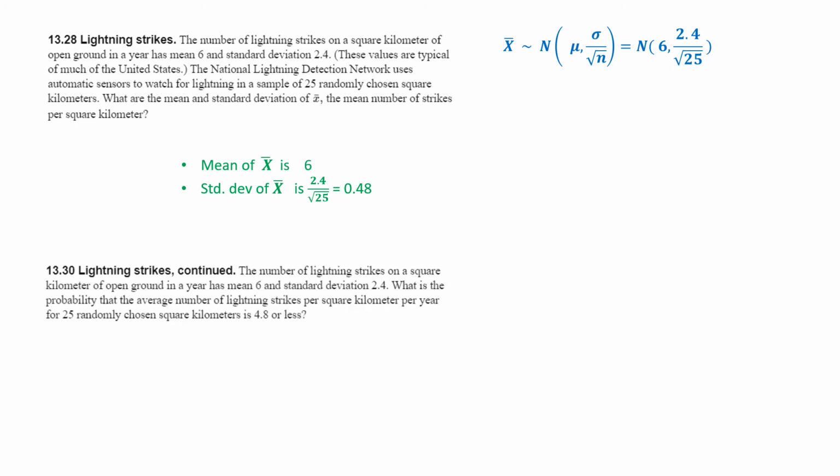In the next question 30, for the same data, the number of lightning strikes is approximately normal with mean 6 and standard deviation 2.4. What is the probability that the average number of lightning strikes for 25 randomly chosen values is 4.8 or less?